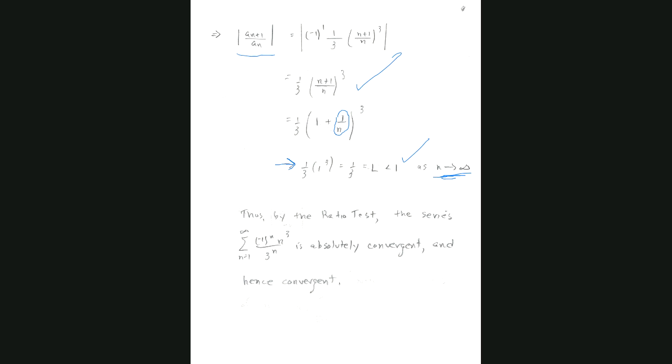That's true, right? So what's that tell us? What does the ratio test tell us then about our series? Does our series converge or diverge? What must it do?